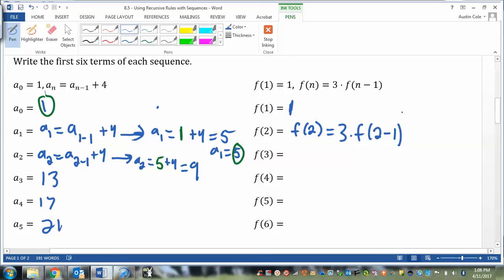This is really like saying 3 times F of 1. What did we say F of 1 was? 1. So I can take F of 1 out, put a 1 in. 3 times 1 is 3.